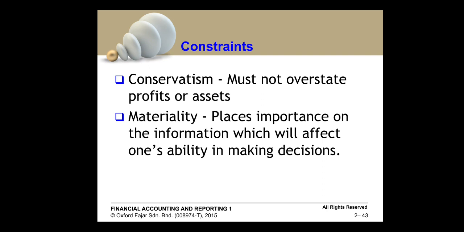You cannot group them together. You have to show them separately in the account. But if there are small expenses, and they are not very important, you can group them together and give them a name, miscellaneous expenses, for example.